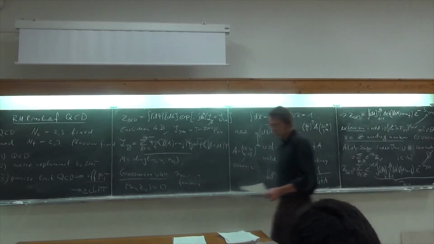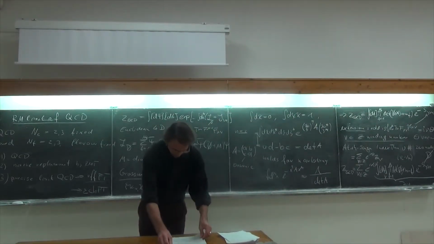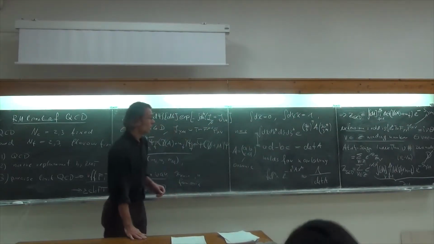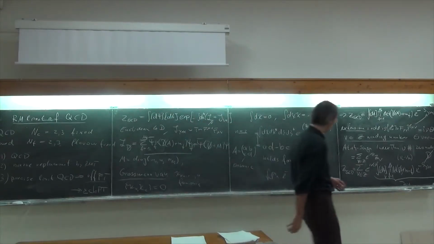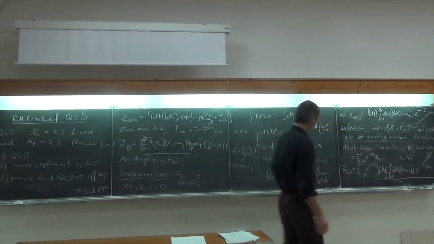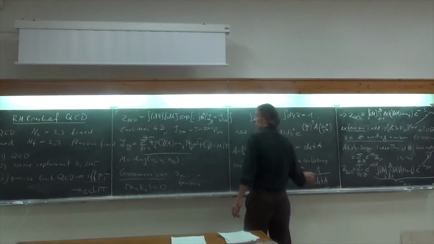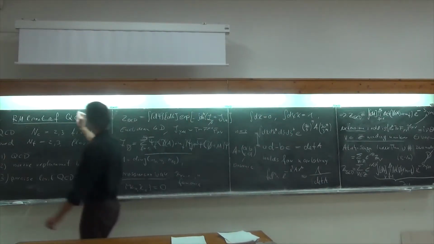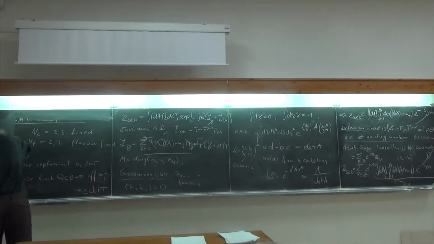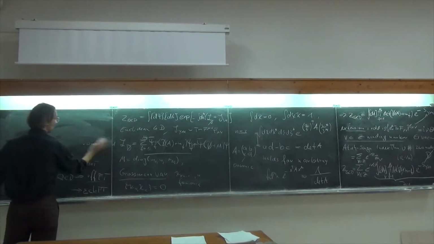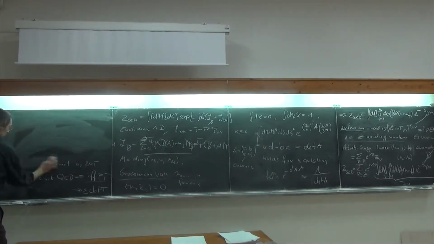Okay, so before I continue and make a statement about how to replace this by a random matrix model, let me tell a little bit about further properties of QCD.